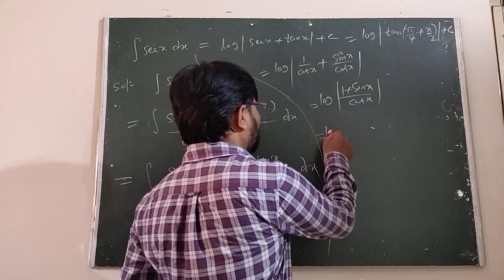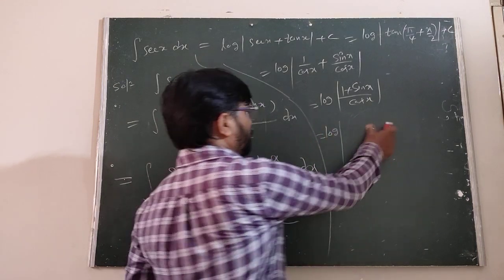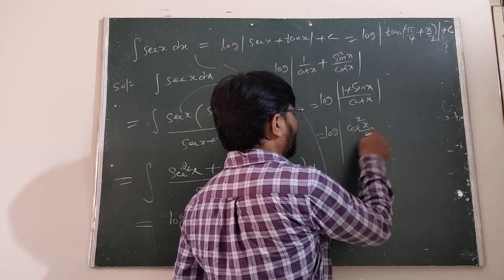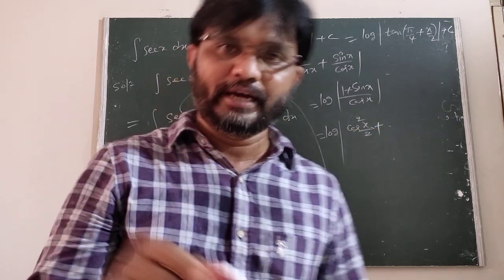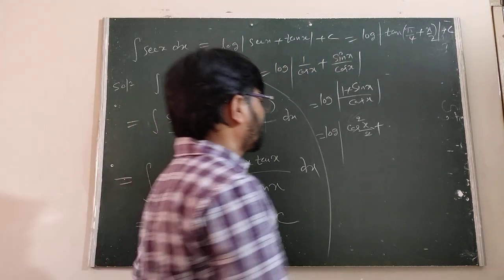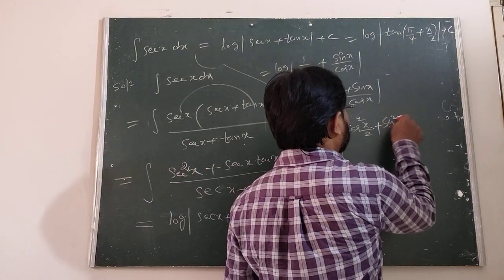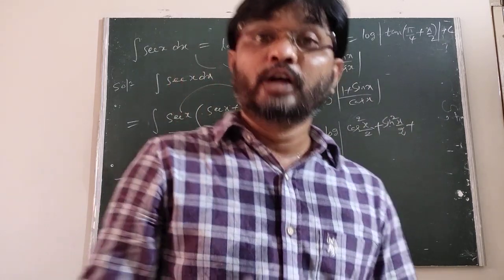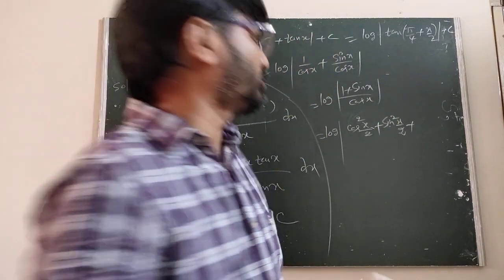Therefore, now we can write log modulus of 1 as cos square x by 2 plus sin square x by 2. Now we can write sin x as 2 sin x by 2 into cos x by 2.